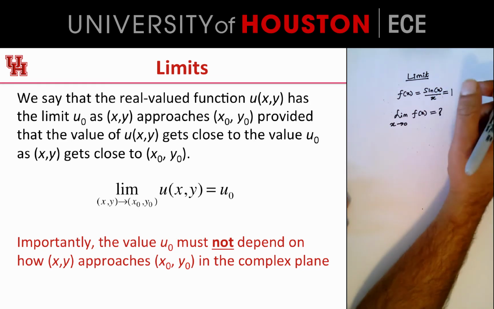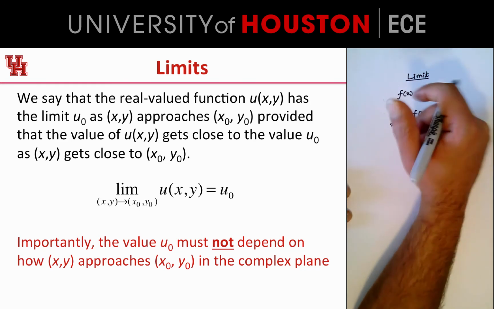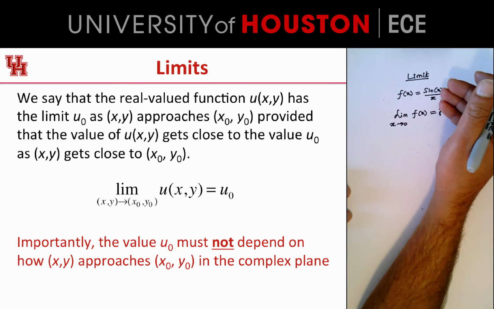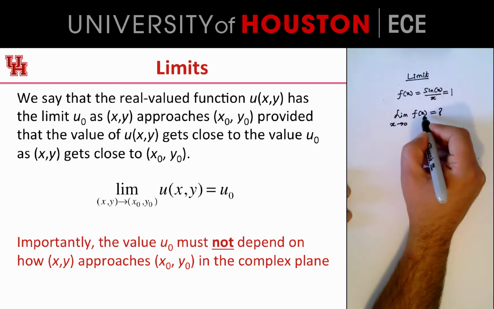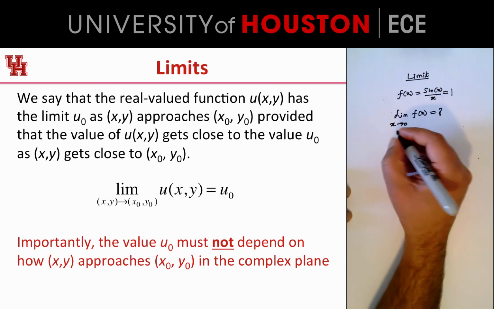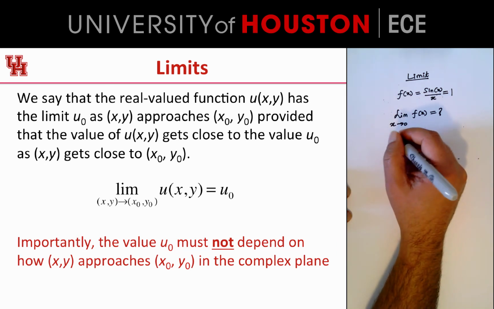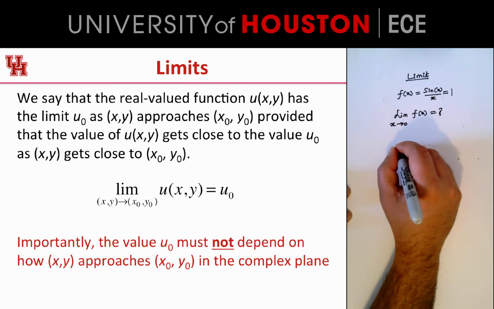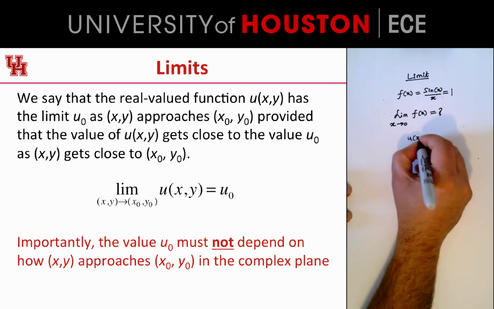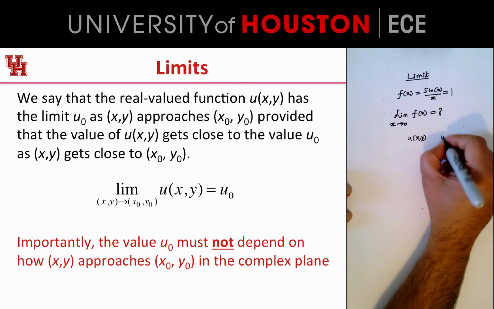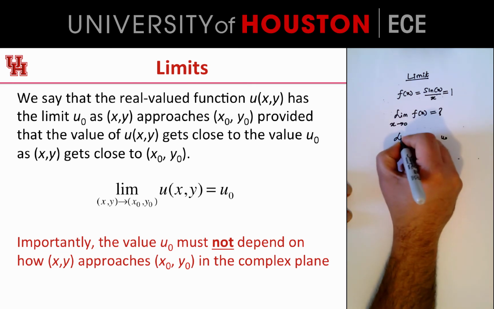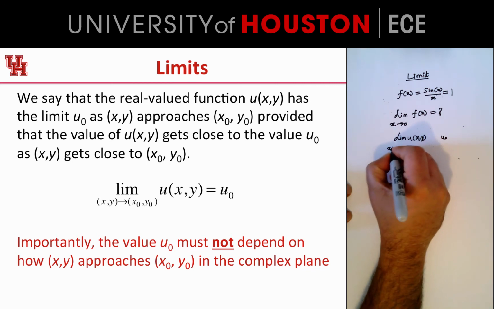In much the same way, in the world of complex variables, when we ask about the limit, we can ask about a limit of a function even though the function itself is not defined at that point. So we say that a real valued function u of x, y has the limit u naught, so suppose we ask what is the limit of this as (x, y) approaches (x0, y0).